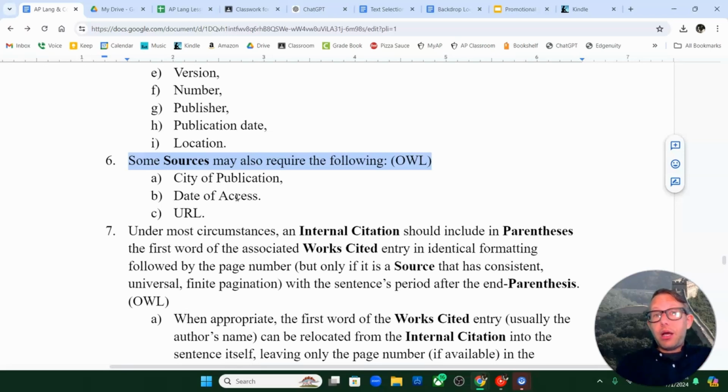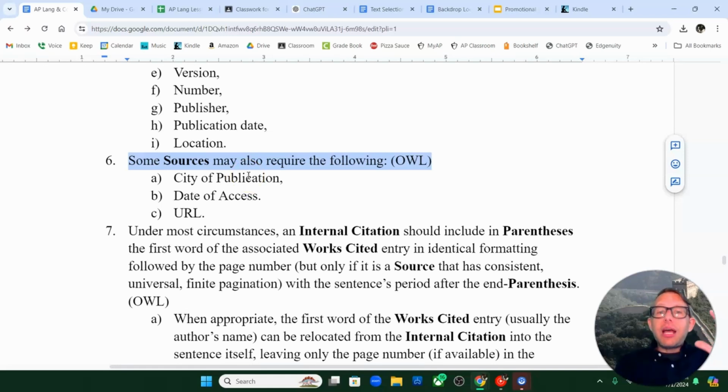So if you put down that, oh, well, I used this website, which was published on October 15th of 2022, they might have updated or tweaked or changed that website after that particular date, which is why date of access becomes important. Just because a website is published on one day doesn't mean it wasn't adjusted, manipulated, tweaked, fixed after that date. And so date of access becomes a big deal.